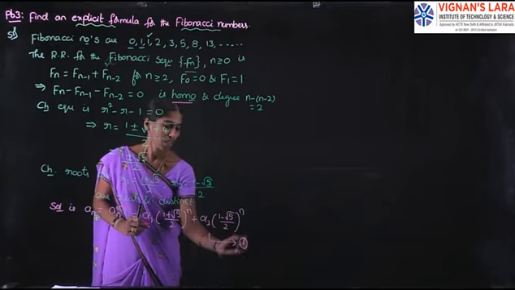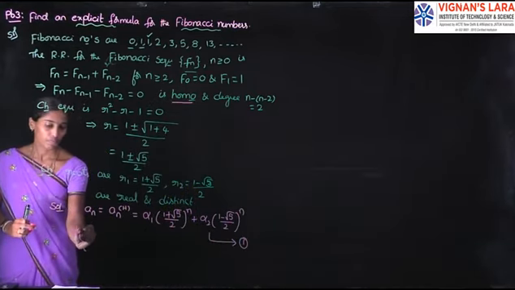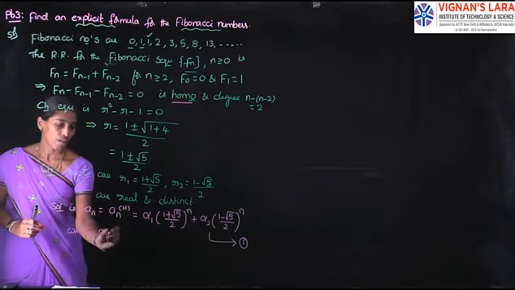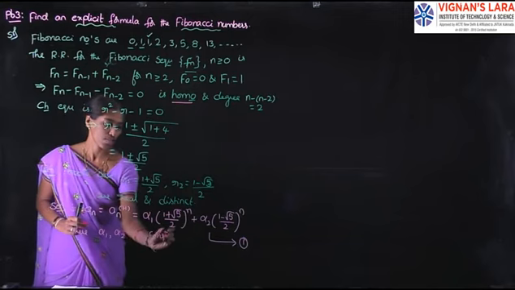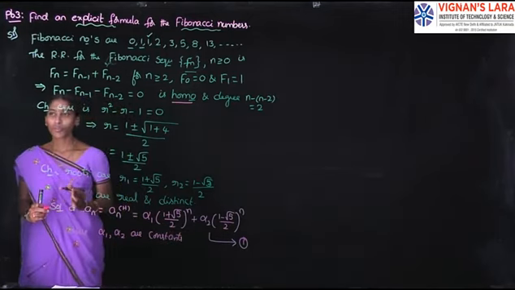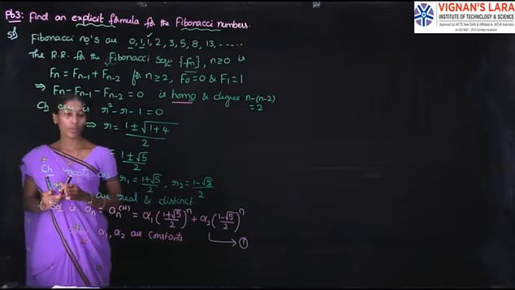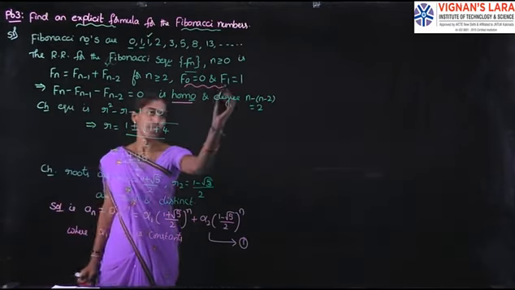Let it be equation 1, where alpha 1, alpha 2 are arbitrary constants. We need to find alpha 1 and alpha 2 using the given initial conditions, right?